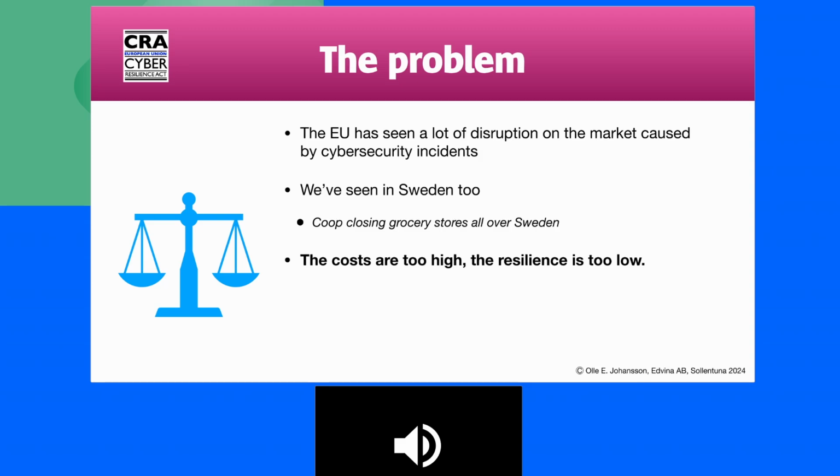And the cost of that was really, really high, and has been proven to be way too low. So these disruptions that come all the time made the governments in Europe start the discussions, and ended up with a proposal called the Cyber Resilience Act.